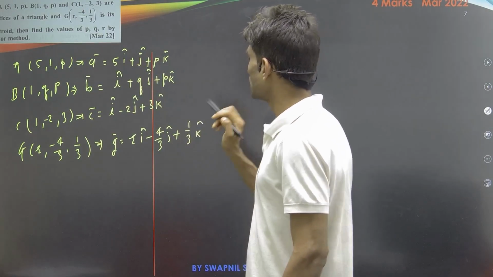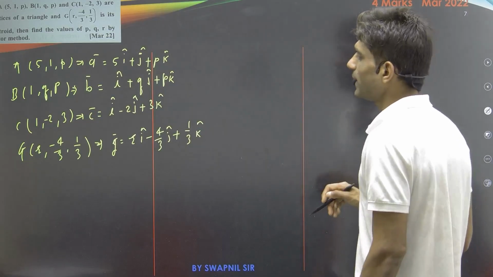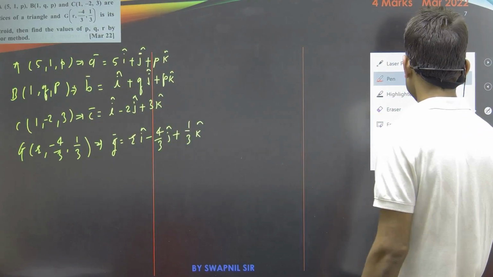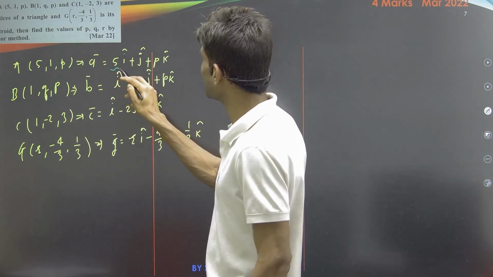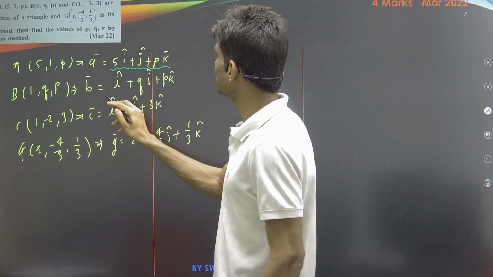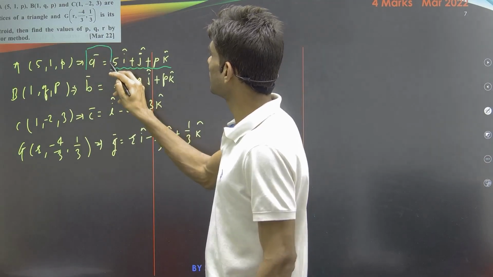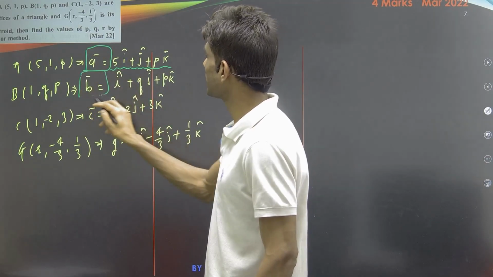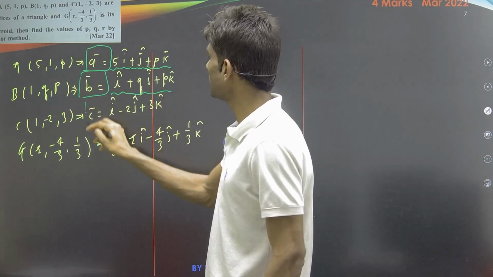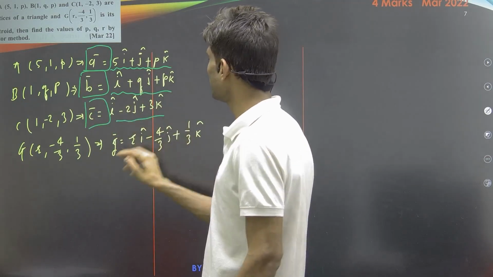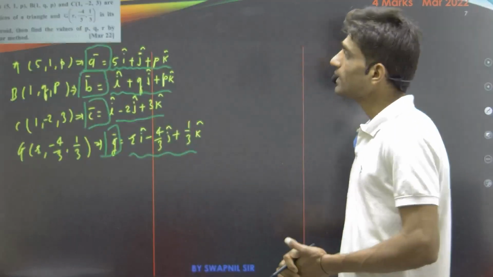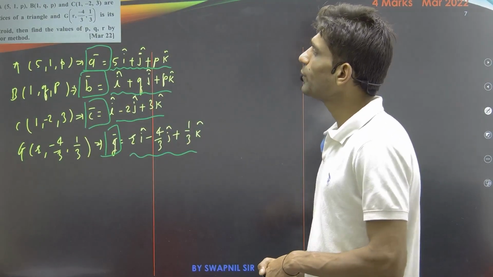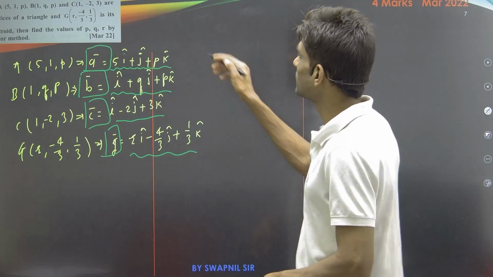So all these are the position vectors given in our example: first, second, third and fourth. We want the values of P, Q and R by using the vector method.